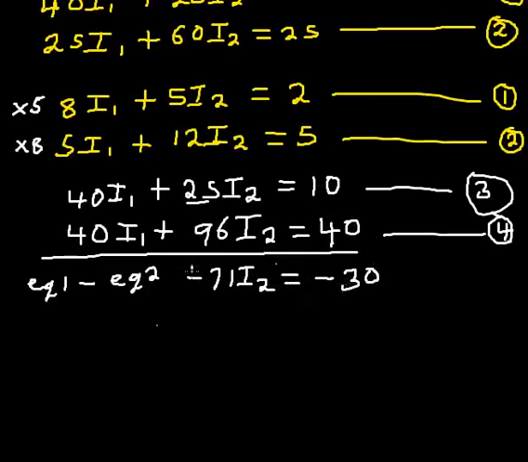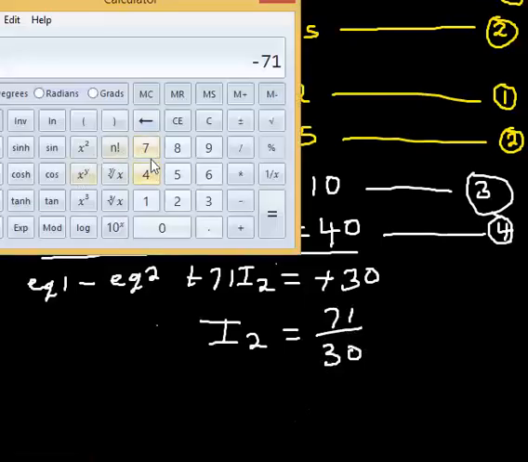Of course, minus cancels minus, right? So I'm now going to have i2 equal to 71 divided by 30. Let's do that. 71 divided by 30, what do I have? Please, 30 divided by 71.